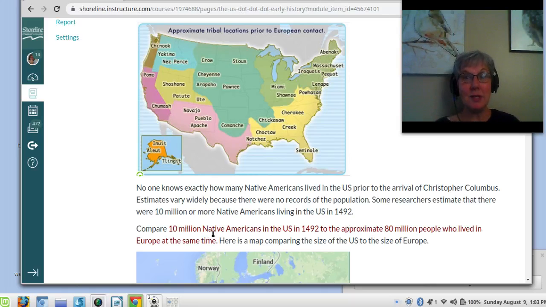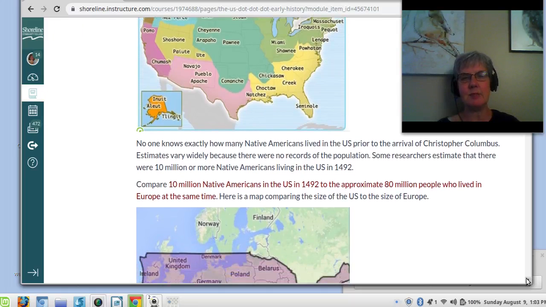Compare 10 million Native Americans in the U.S. in 1492, which is, gosh, 530 years ago. So 530 years ago, there were 10 million Native Americans in the United States, researchers estimate. And in 1492, there were approximately 80 million people who lived in Europe at the same time.